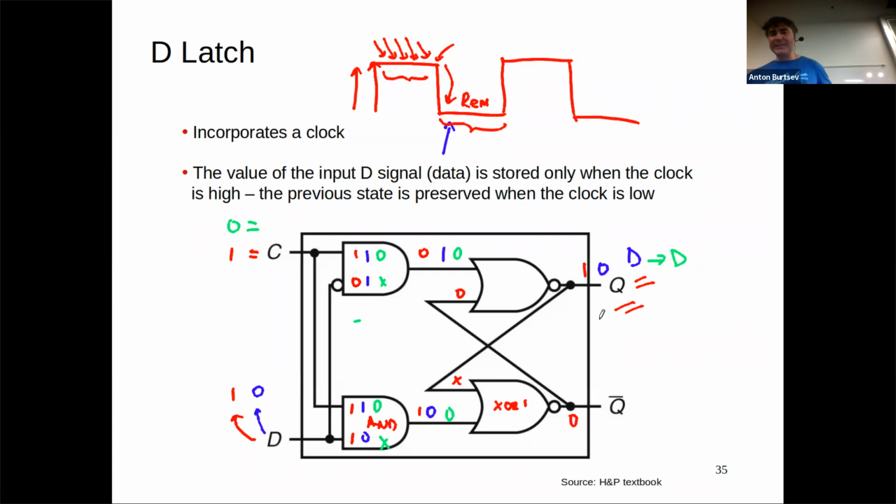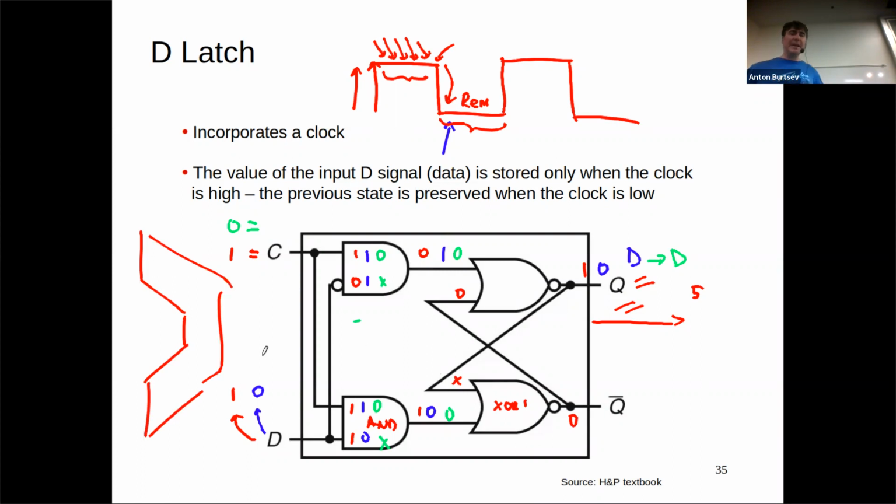Like this is the latch, right? So this is my 5, that's 1 bit of 5, for example. If this bit was computed, maybe there was some complex ALU in front of this D latch, and this is 1 bit which was connected.